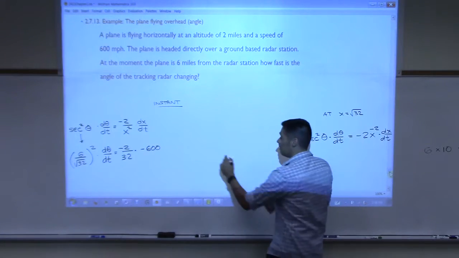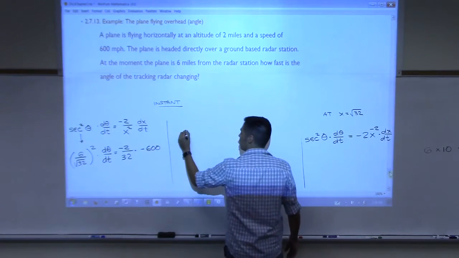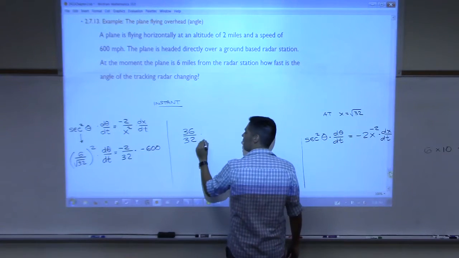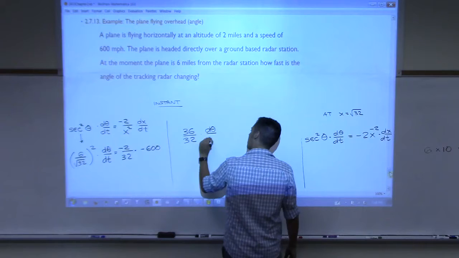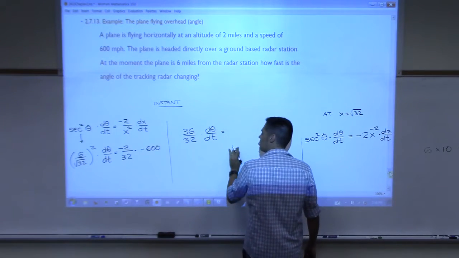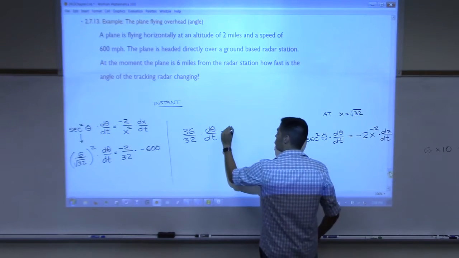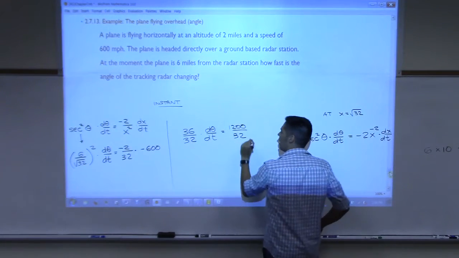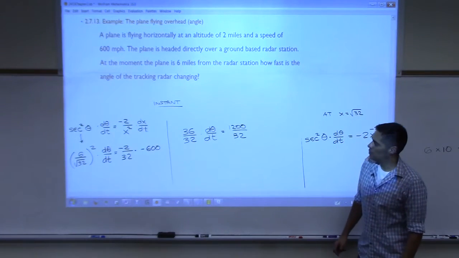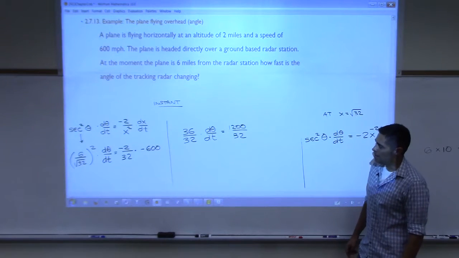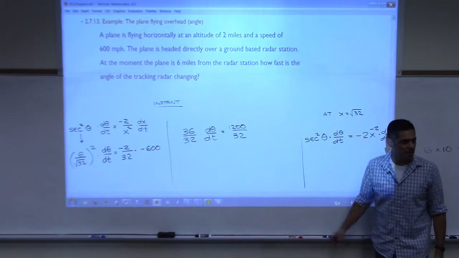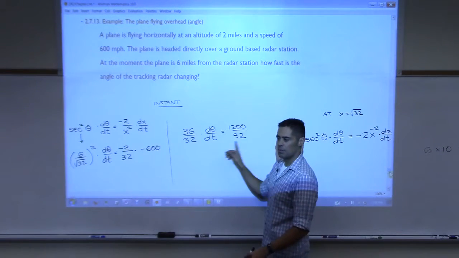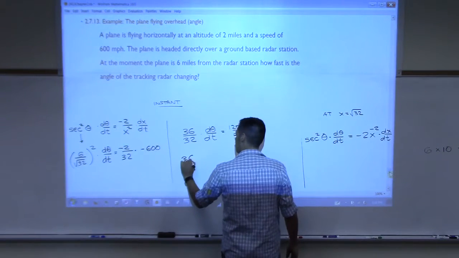All right, squaring that fraction, we have 36 over 32 times d theta dt equals, my goodness, 1200 over 32. Do you agree with that? And I noticed that I can just multiply both sides by 32 right now because they both have a denominator of 32.